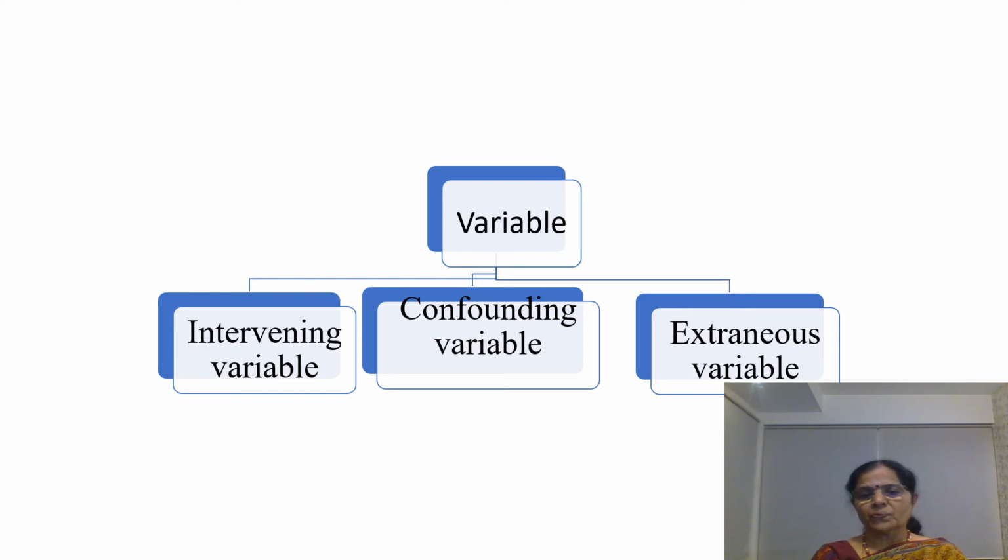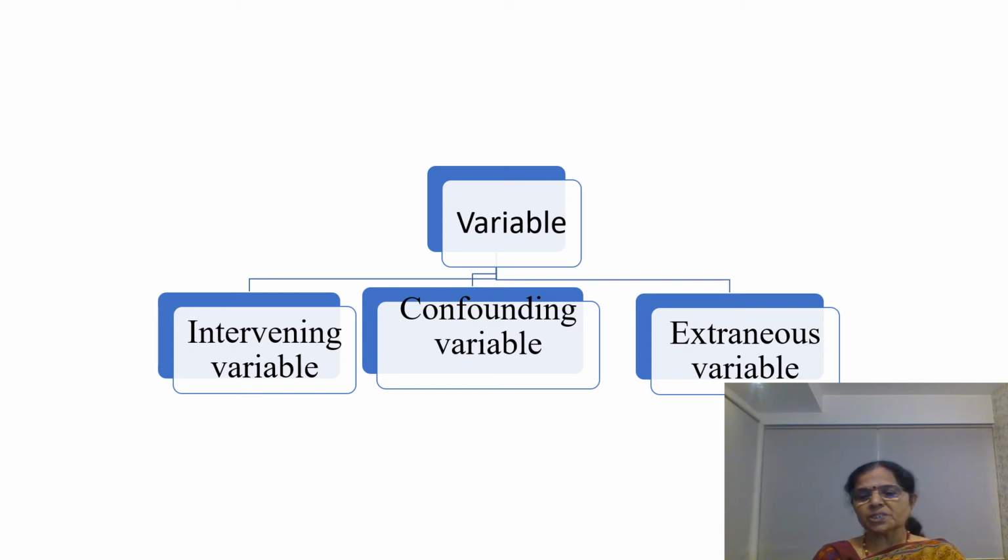Another way of classifying variable is to group them as intervening variable, confounding variable, and extraneous variable. Intervening variable links or it connects or it explains the relationship between the IV and DV. For example, the effect of extra hour coaching on performance in English.